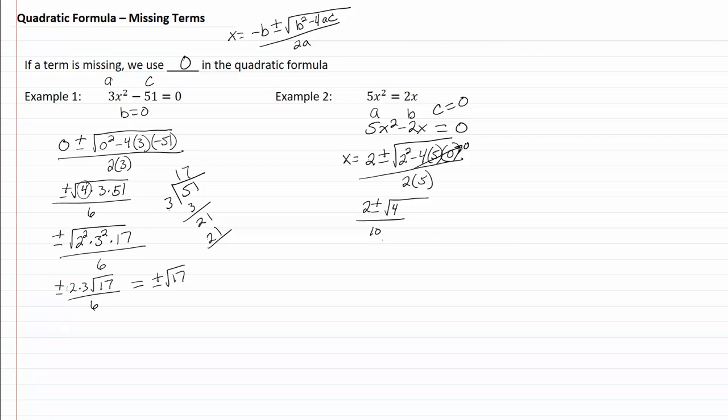The square root of 4 is 2, so we have 2 plus or minus 2 all over 10. So 2 plus 2 over 10 and 2 minus 2 over 10. That's going to give me 4/10 and 0. And so our answers then are going to be x equal to 2/5 and 0.